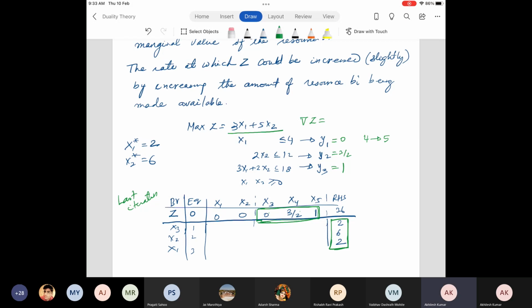अच्छा ठीक है, बताओ कैसे होगा? Just draw the curve and tell me. So right now your equations were like this. This was x1 equals to 4, this was x2 equals to 6, and this was your 3x1 plus 2x2, right? If I increase to x equals to 5, does my basic variables change?